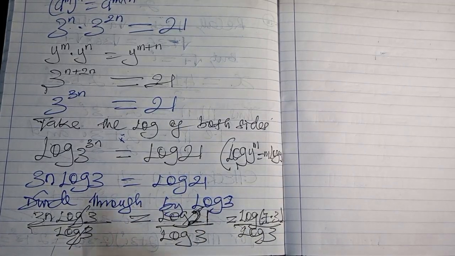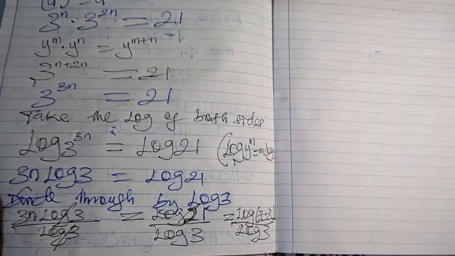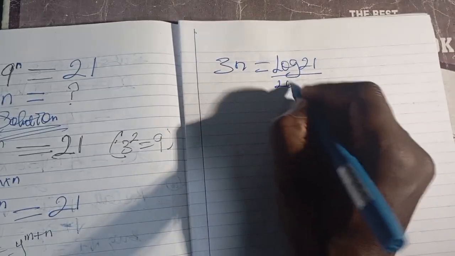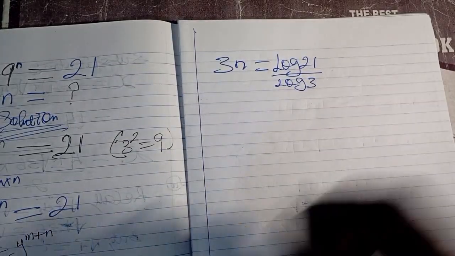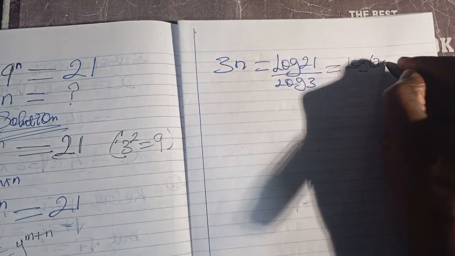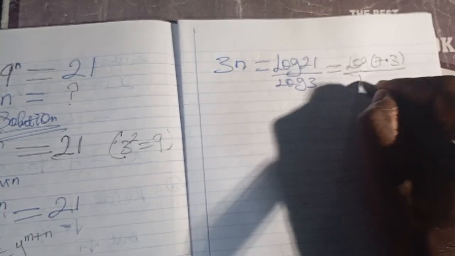Okay, so we are having 3n here. N is equals to, which we have, log bracket 7 multiplied by 3 divided by log 3.